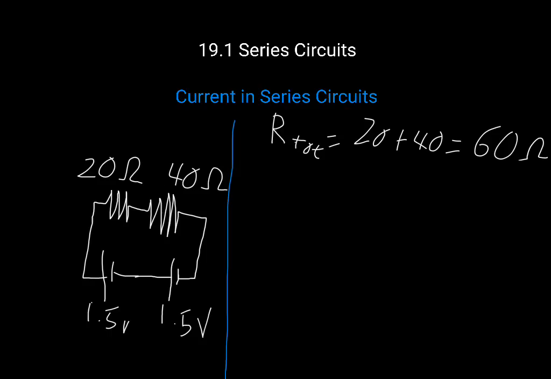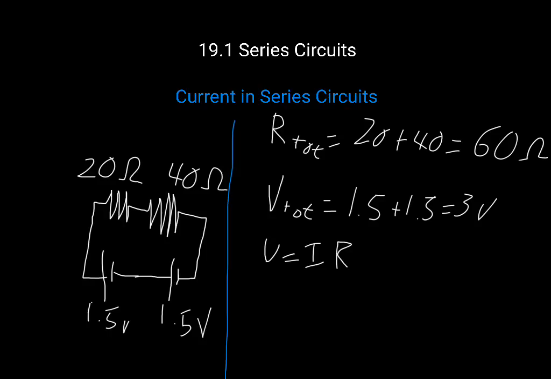To evaluate the circuit, first we find the total resistance, R total, which is the two resistances in series, to give us 60 ohms. And we have to calculate our total voltage. 1.5 plus 1.5 gives us 3 volts. Then we plug this into Ohm's law. V equals IR.